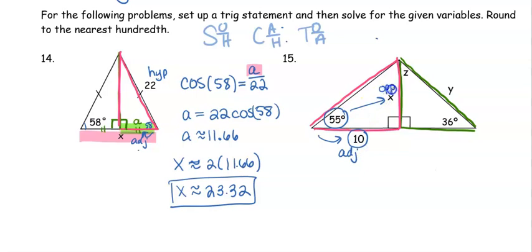X is opposite because it's across from. So I have O and A. O and A is tangent. So it's tangent of my angle. Opposite goes on top. Adjacent goes on the bottom. Because my missing variable is in the numerator, I am multiplying those pieces. So X is equal to 10 times the tangent of 55.